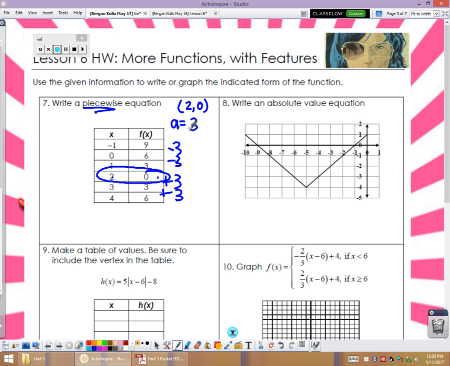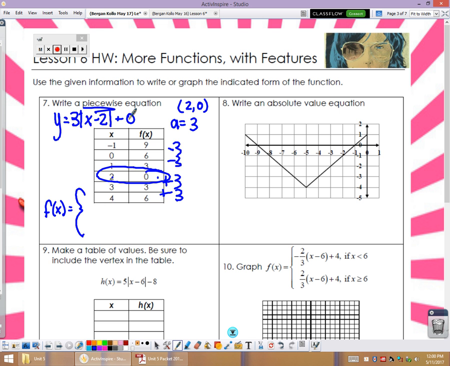So when I go to do my piecewise function, remember, f of x is equal to 2 pieces. Typically, for absolute value, it would just be y equals 3 times the absolute value of x minus 2, plus 0. I don't need to put the plus 0, but I need to do this in 2 pieces.